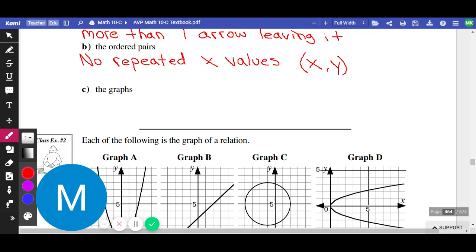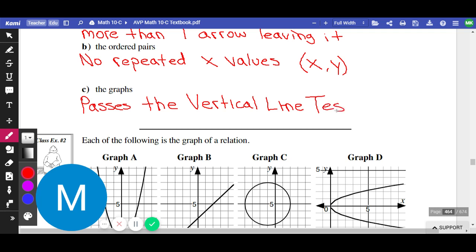C for graphs, we're going to say passes the vertical line test. Vertical line test.